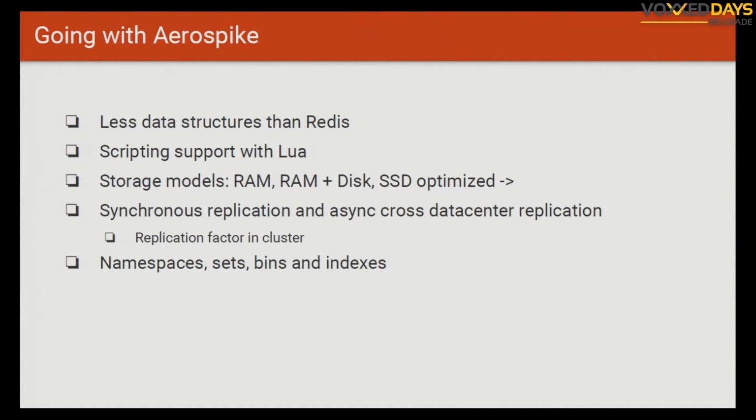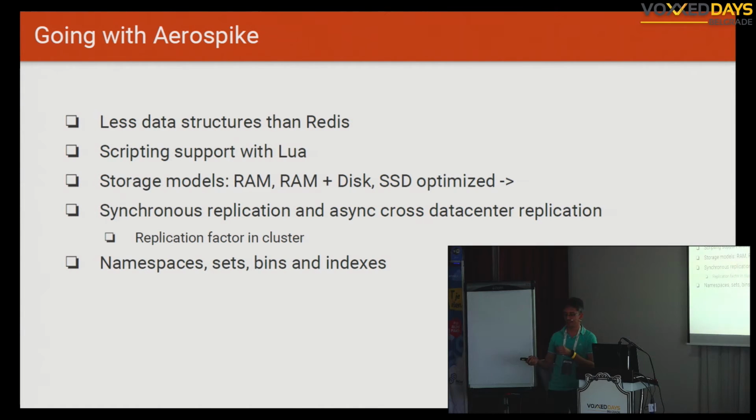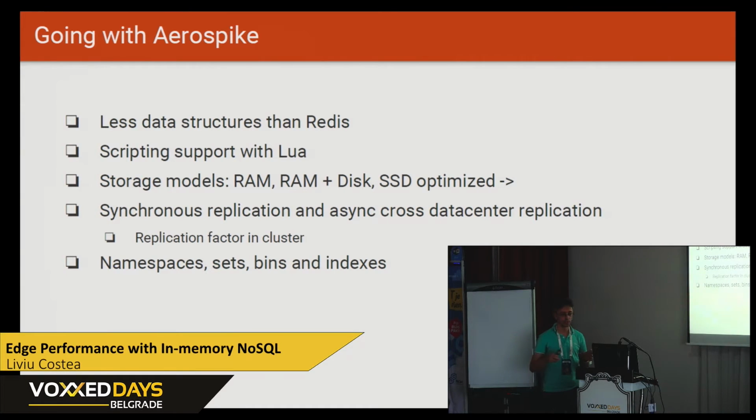And namespaces are similar to databases, but you don't need to confuse them with databases. They are just describing the storage model. So they're not really a database. It's just a way of encapsulating the storage model. So on a cluster, you can have different namespaces with different storage models. Then you have sets, and sets are very similar to tables.